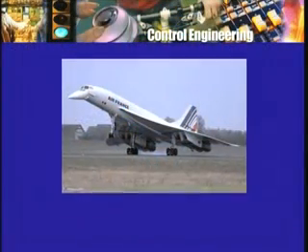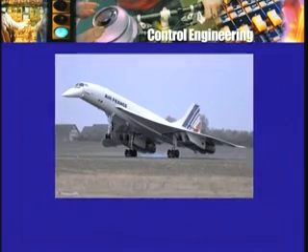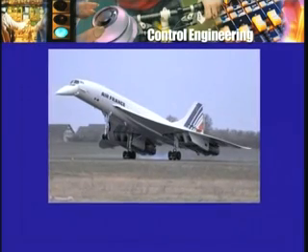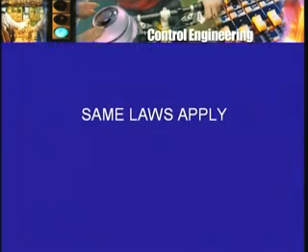But physically it's the same kind of thing. This model aircraft is also going to fly in air as the bigger aircraft does. So this uses the concept of similarity. There are similar laws in operation. The laws of aerodynamics are to be used for both the big aircraft and the small aircraft.